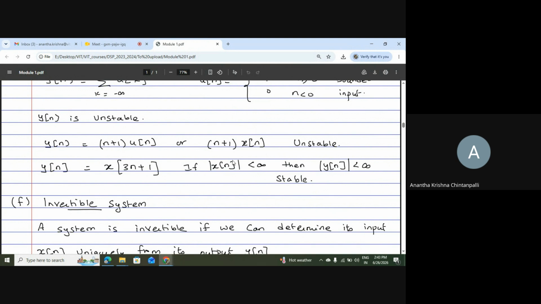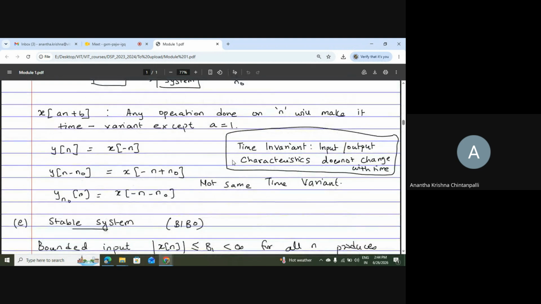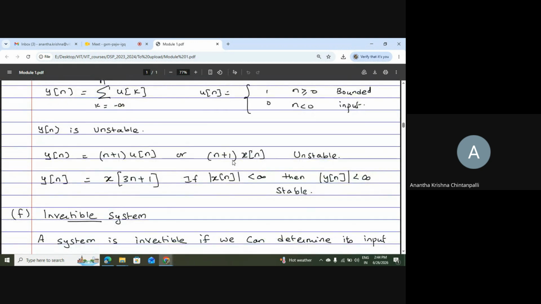In terms of the y-axis value, the range is not going to change. So the output will still be bounded, so it's going to be a stable system. But whether it's a time variant or invariant system, what is the value a here? If you go back, because of the scaling operator, a is 3. So it is going to be a time variant system.